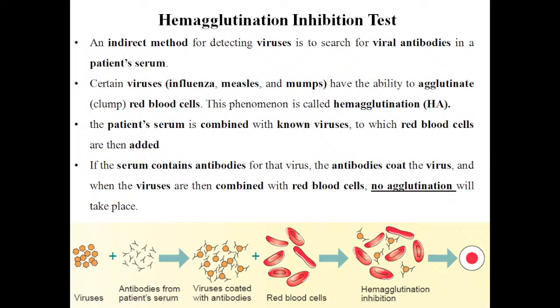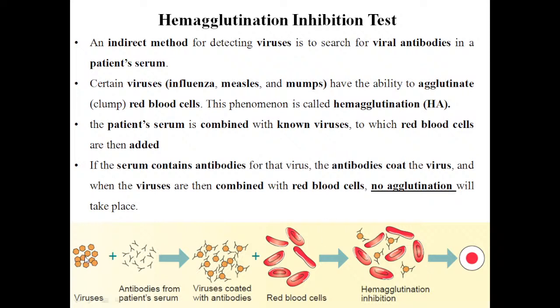Why? What is this mechanism? Let's look. The patient's serum is combined with known viruses to which red blood cells are then added. If the serum contains antibodies for that virus, the antibodies coat the virus, and when the viruses are then combined with red blood cells, no agglutination will take place.